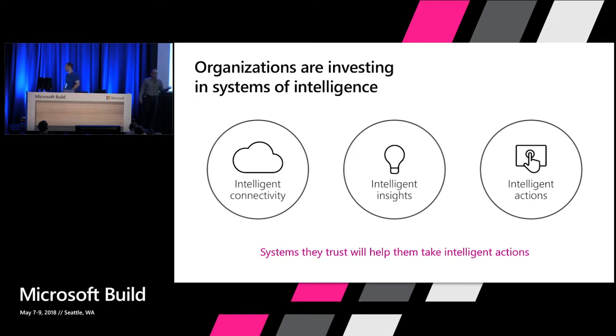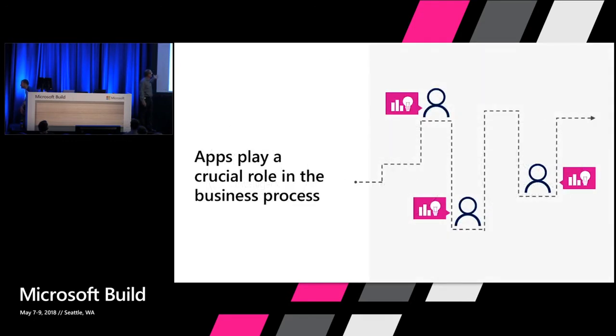So data is there. The question now is how you can do something with the data, but not just see it, but do it in context, and get your users to do it in the context of the application and not just in separate places. So again, the app plays a crucial role in the business process, and that's where you want your analytics to show up, because the insights should be part of the app.